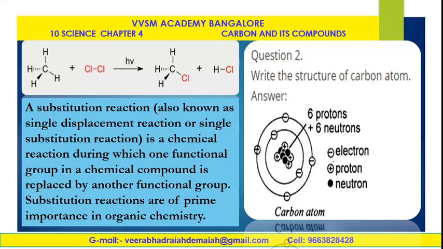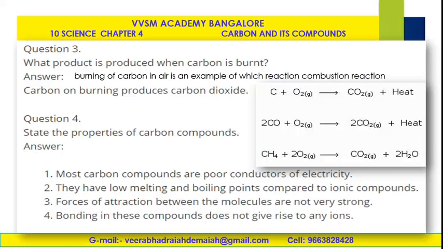Generally, chlorine undergoes a chemical reaction with methane, giving the substitution reaction. Monochloromethane, dichloromethane, trichloromethane, tetrachloromethane, all these compounds are called substitution products. We will study this in detail in the next class.